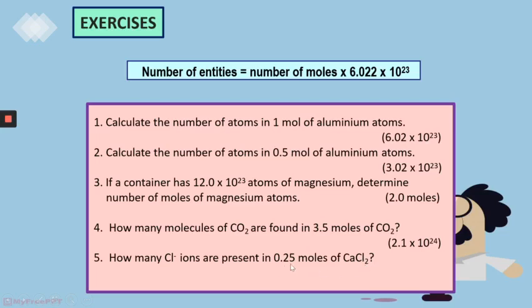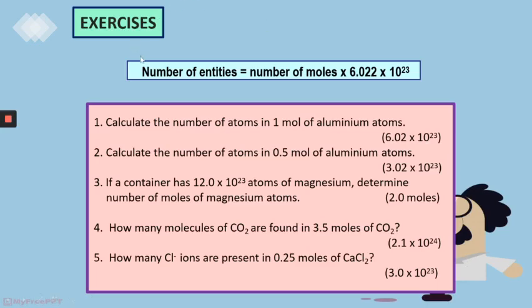So if 0.25 mole, you just multiply 0.25 with 2. So number of ion equal to 2 times 0.25 times 6.022 times 10 power of 23. Then you will get the answer 3.0 times 10 power of 23.